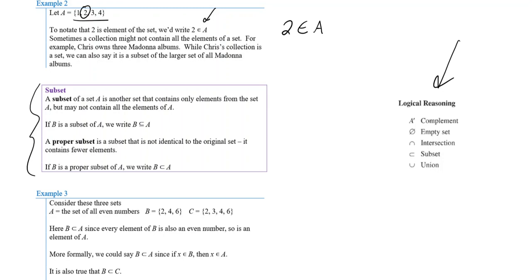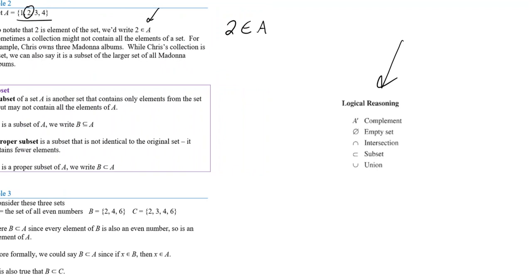If A is equal to 3, 4, and 5, that's what set A is equal to. And then I said B is equal to 4 and 5.